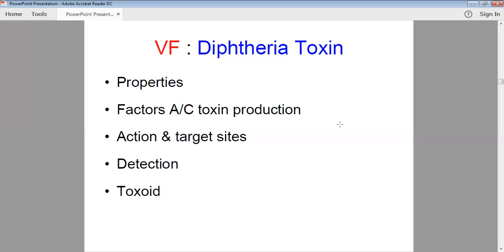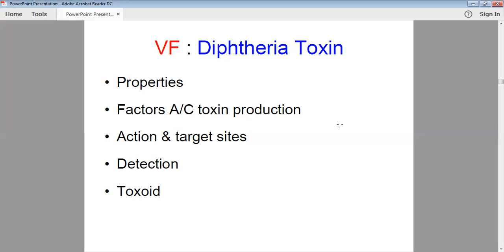The receptor is present at a particular site, so the toxin acts on a particular site, and that is a specific action, not a generalized action. So diphtheria toxin has specific receptors on particular organs, so only that organ gets involved. So the properties: it is an exotoxin, with specific action, binding according to receptor, and A for enzymatic action, the mechanism of the toxin.